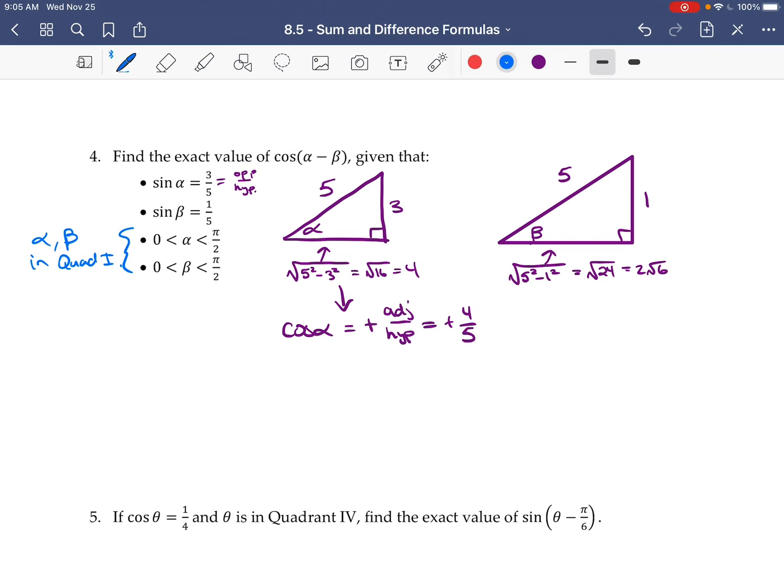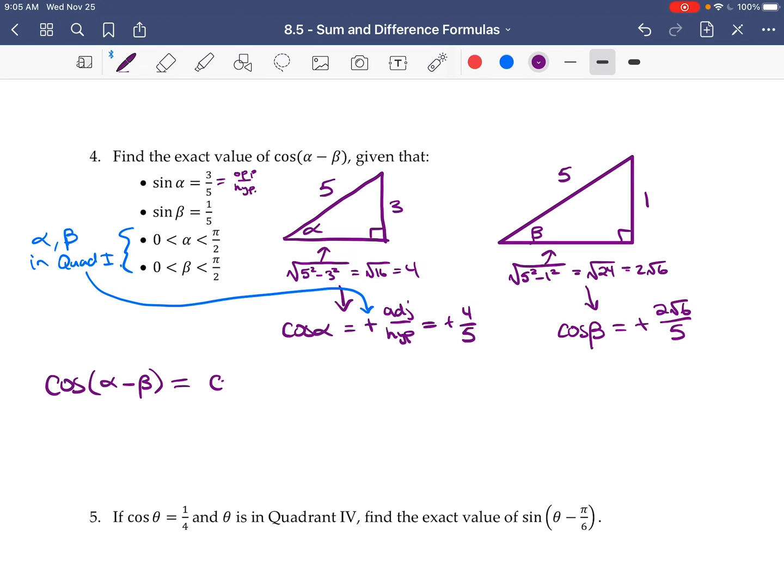All the trig functions are positive there. So from this one, we know cos of beta is positive 2 root 6 over 5. So we know cosine alpha, we know cosine beta, so we can find cosine of alpha minus beta.